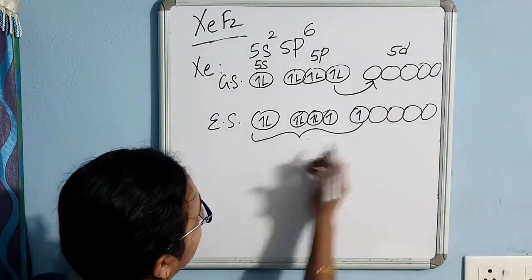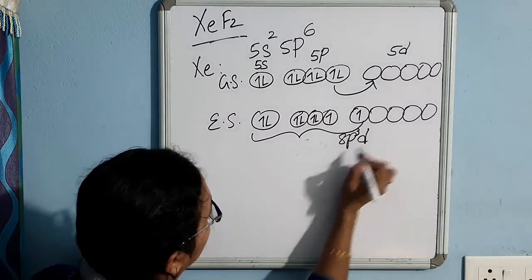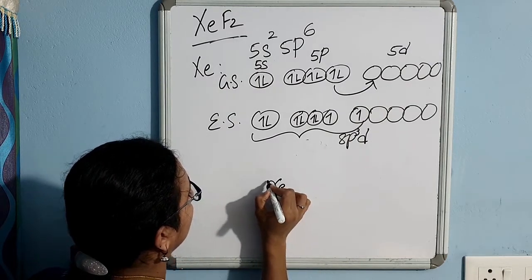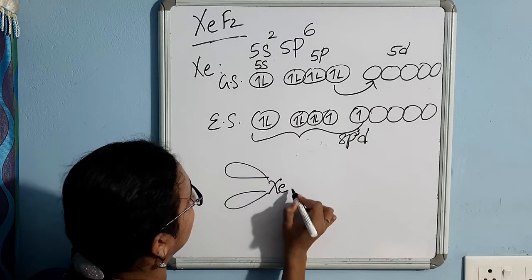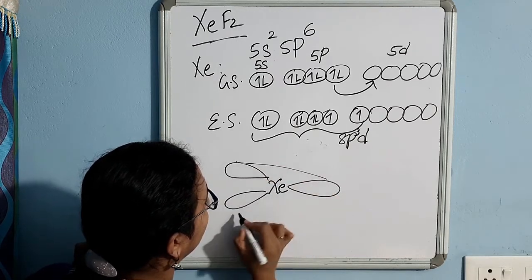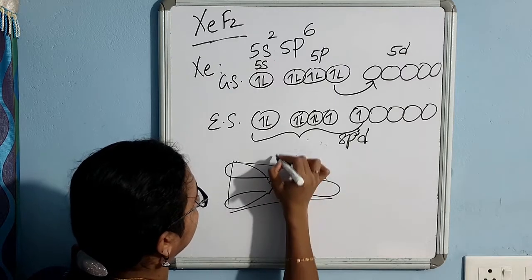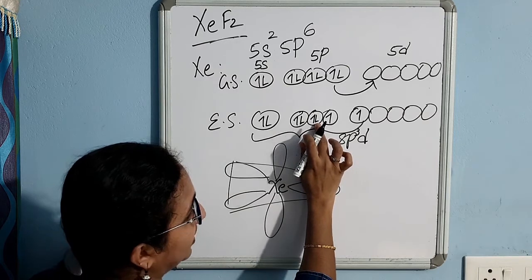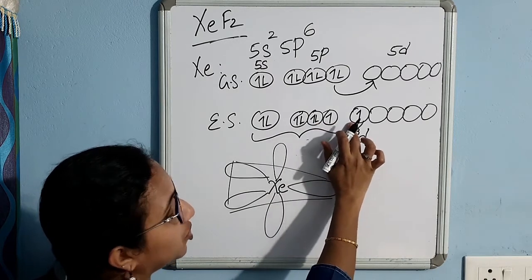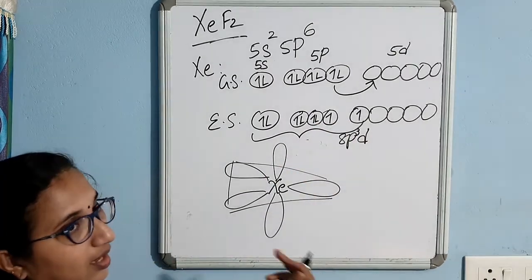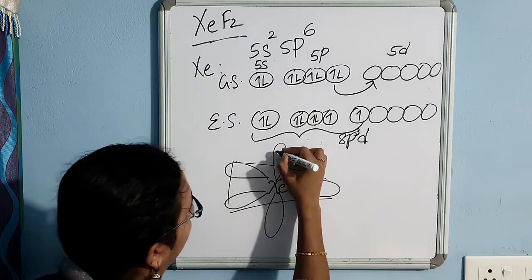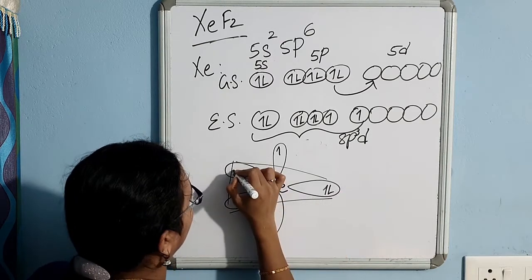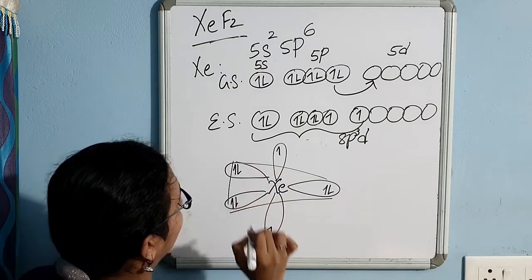So here also, the 5 hybrid orbitals will arrange in a trigonal bipyramidal manner, with 3 of the orbitals containing lone pairs, and only two having half-filled electrons. So this is the case for the xenon atom.